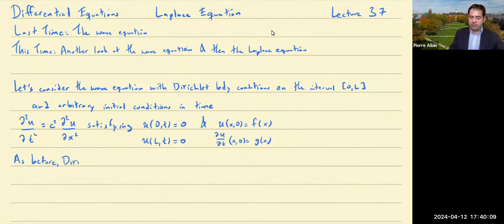So as before, Dirichlet boundary conditions lead to the Fourier sine series.